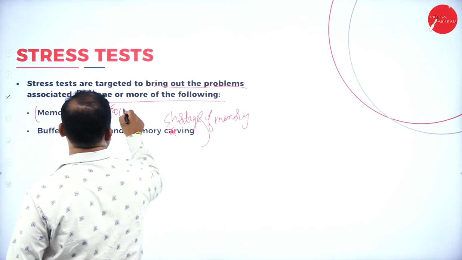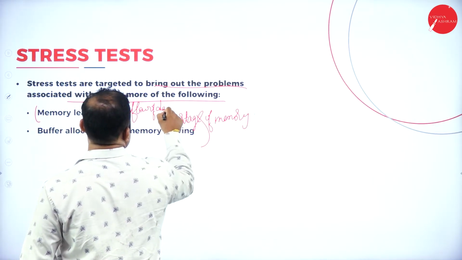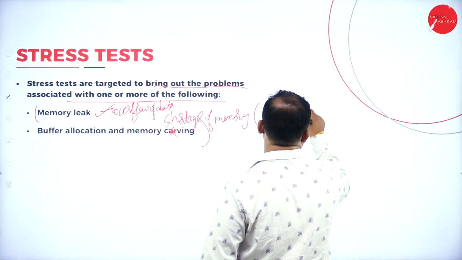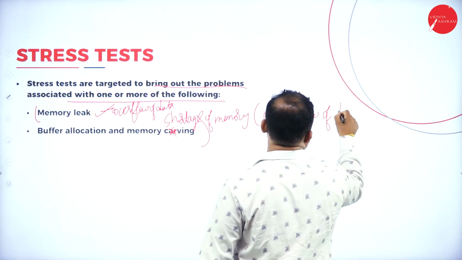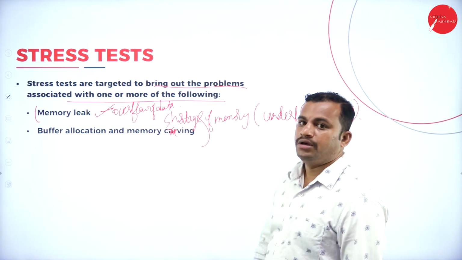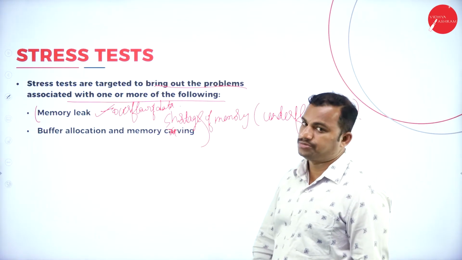This is overflow of data; this is shortage, meaning underflow of data. We have a shortage of memory. Those are the two limitations in which it works. That is called stress testing that has to be conducted.